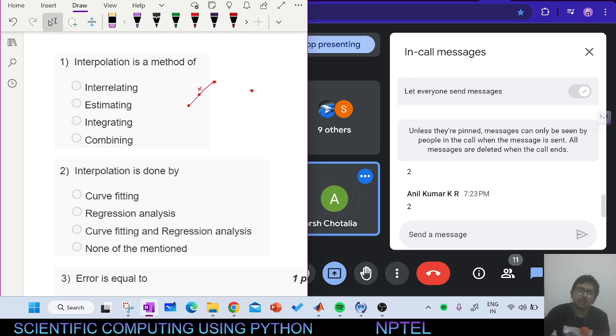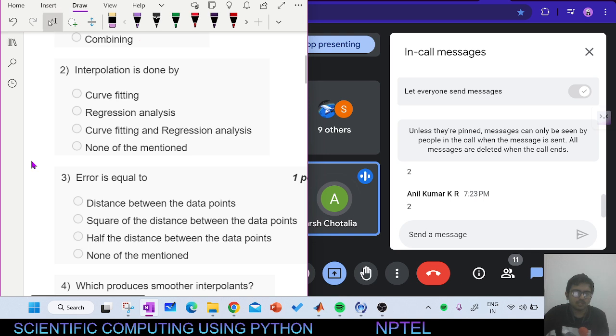And integrating will come later. Interpolation is not a method for integrating. It is used as the first step for integrating, then we can apply the method of integration. But interpolation in itself is just estimating what happens in between. So the second option is the right one.